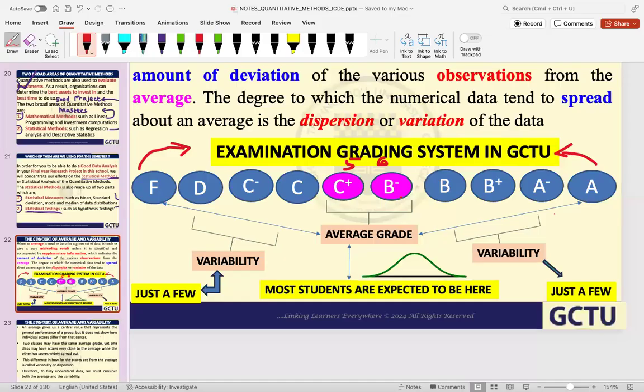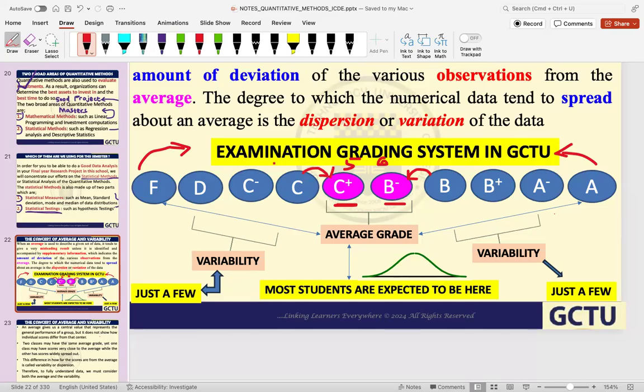Now the question is, which of the grades are closer to C plus and which ones are closer to B minus? That is what you are seeing here. You see that B is closer to B minus, and C is also closer to C plus.